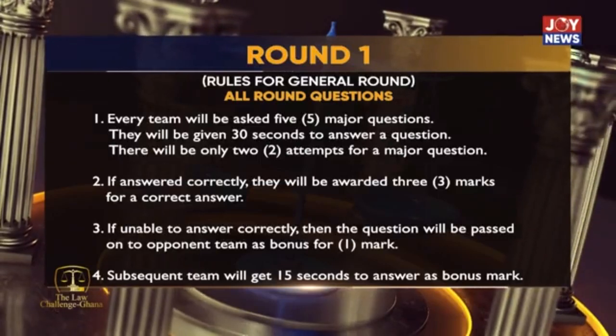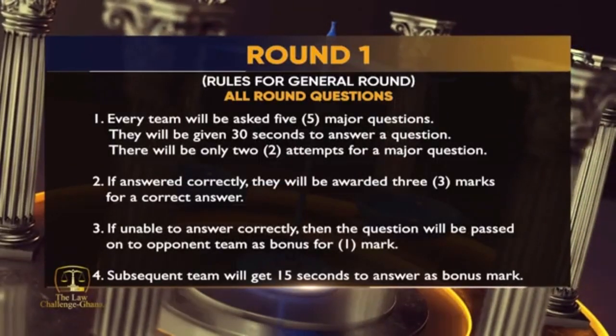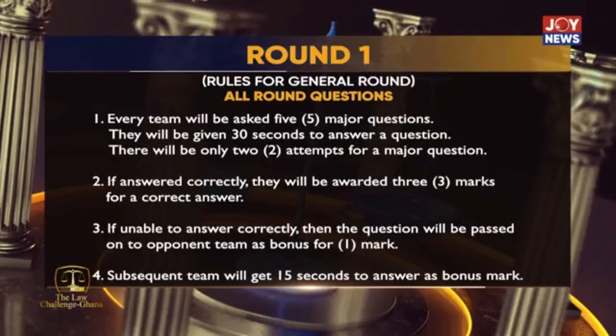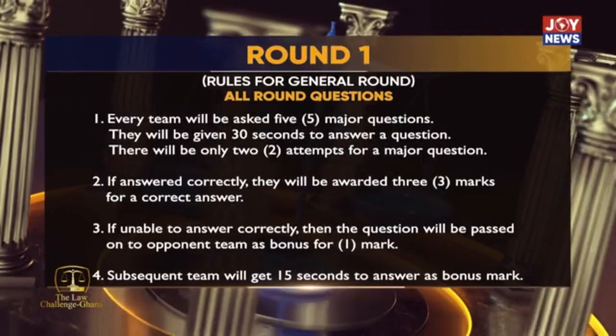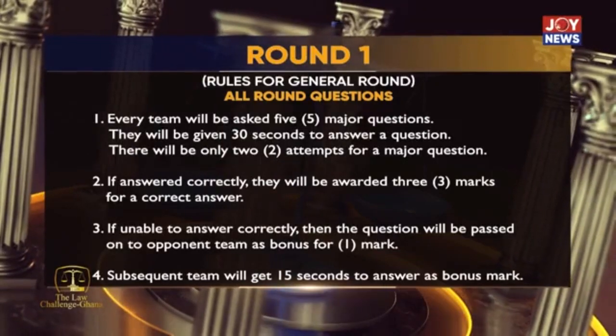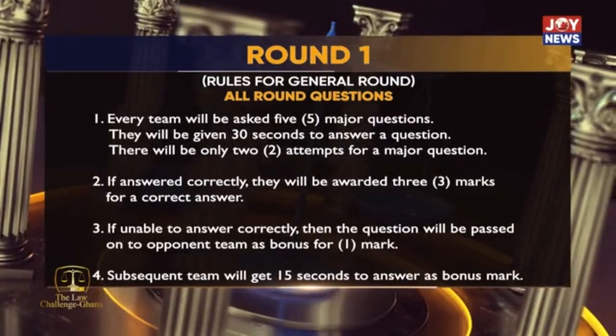If you are unable to answer correctly, the question will be passed on to your opponent for a bonus mark of 1. And there will be only 1 attempt at that question within 15 seconds. Are we ready? If we are, UCC and Mountcrest University College Faculties of Law, I wish you good luck.